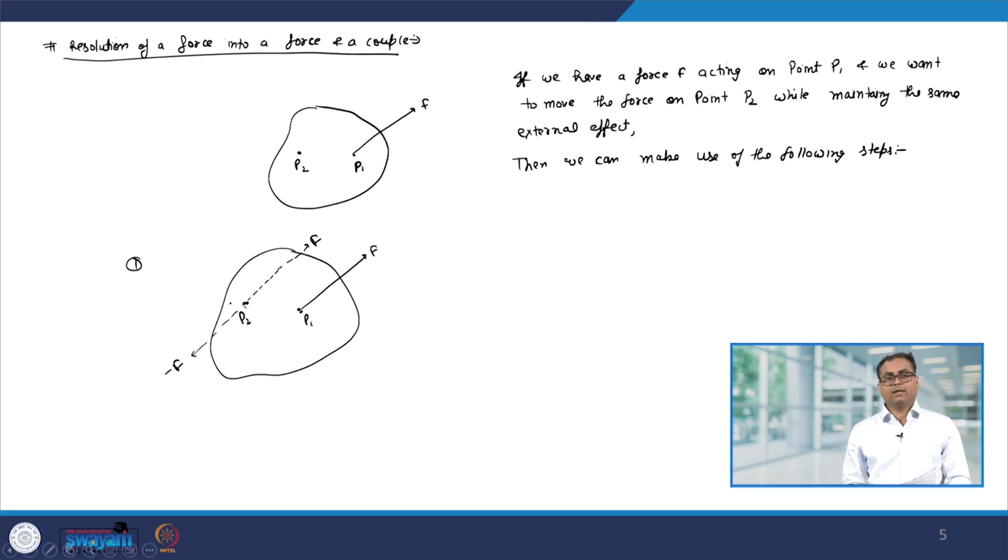So, this is like adding a 0 force at point P2. So, what we have done is we have added equal and opposite forces F at point P2.